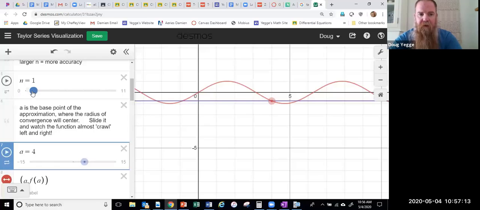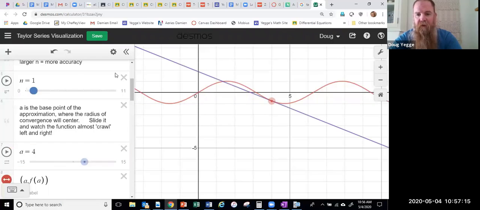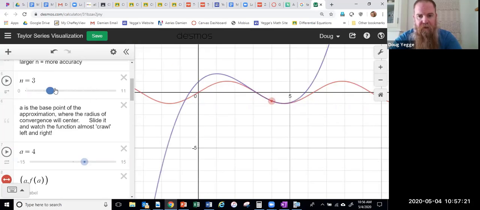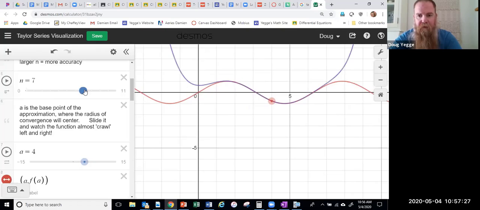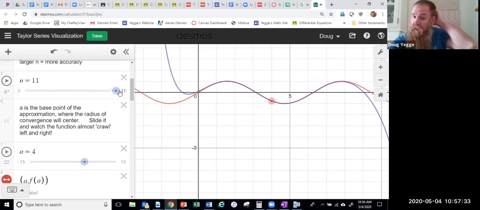But if I were to continue to increase this, there would be a tangent line approximation at that point, a cubic approximation, an x to the 5th approximation, an x to the 7th, x to the 9th, x to the 11th. They would be different polynomials because I would be centering at a different location.